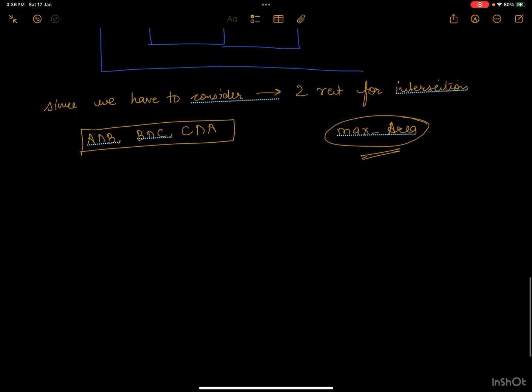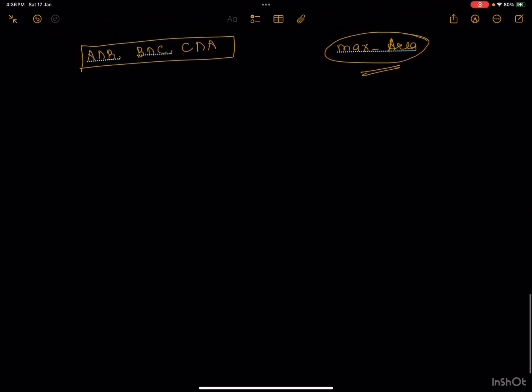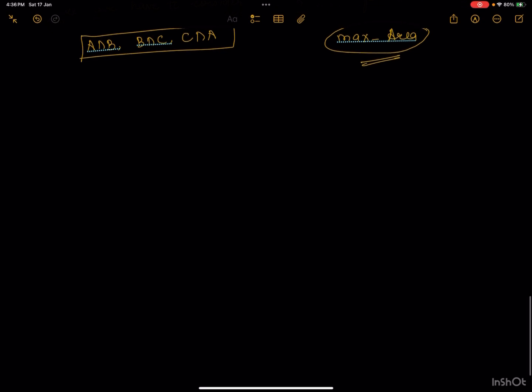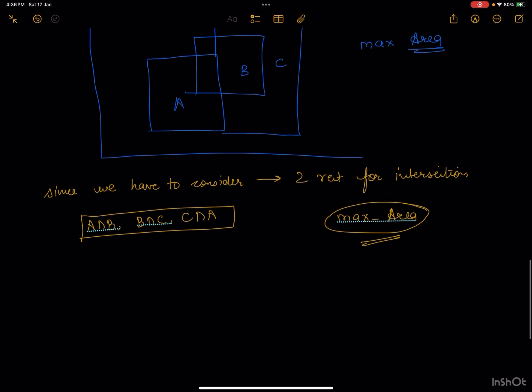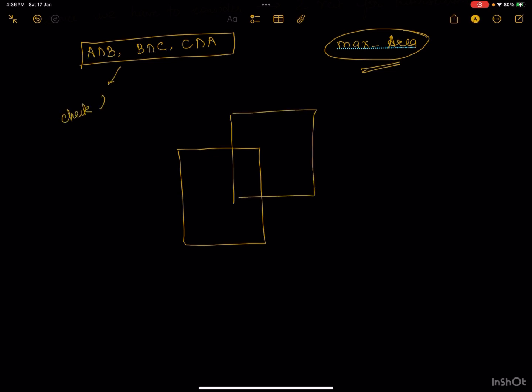So how is it going to work out? Let's say we have again the same example as above. Let's say we have A and B. So we are going to check pairs of all the rectangles possible, and try to check which pair gives us the maximum area.